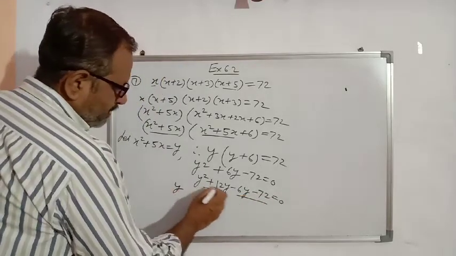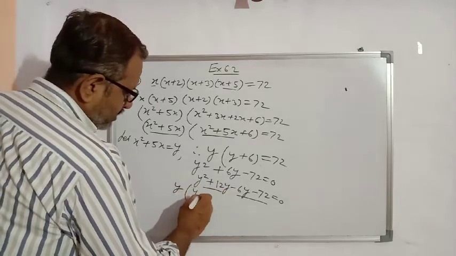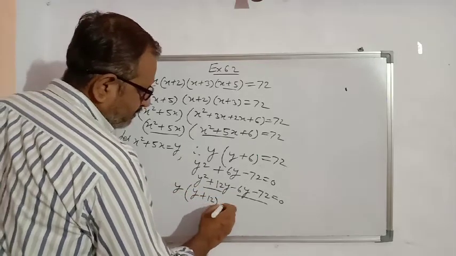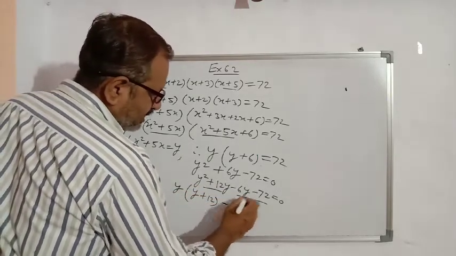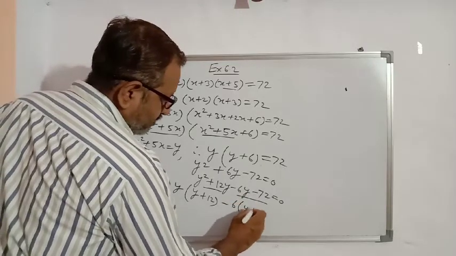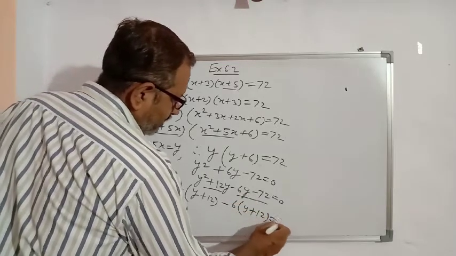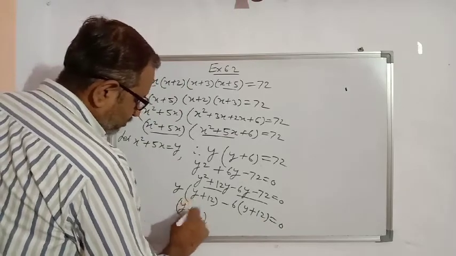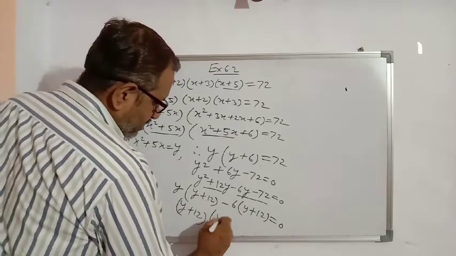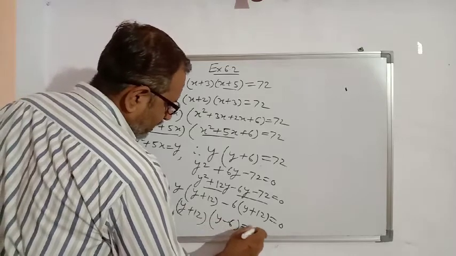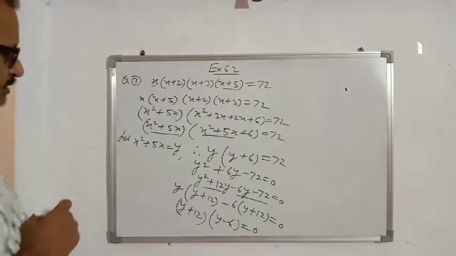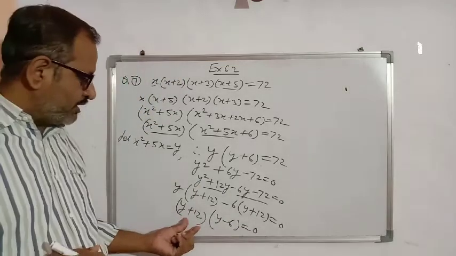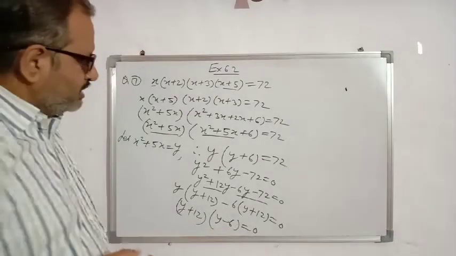What is common in the first pair? y is common: y plus 12. In the next pair, minus 6 is common: y plus 12. So y plus 12 is common in both, and in the next bracket, y minus 6 is equal to 0. So either y plus 12 is 0 or y minus 6 is 0.